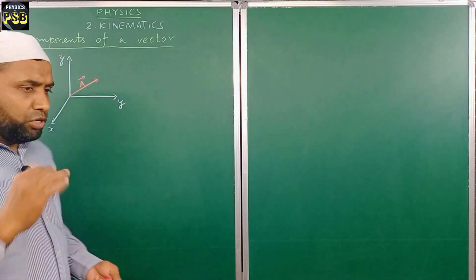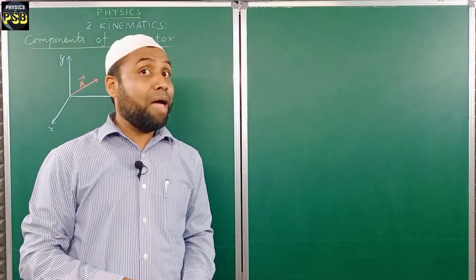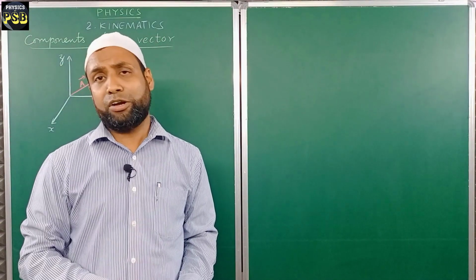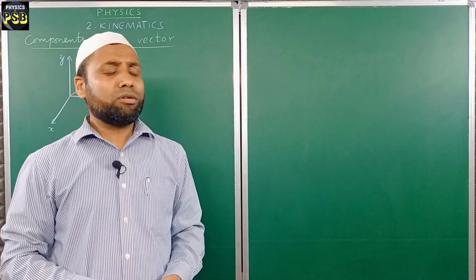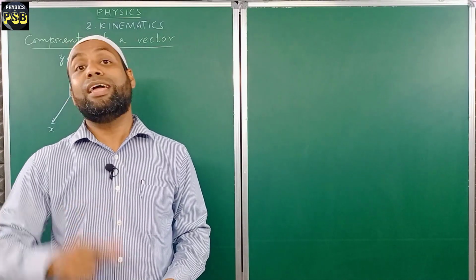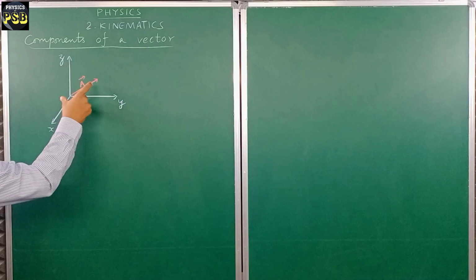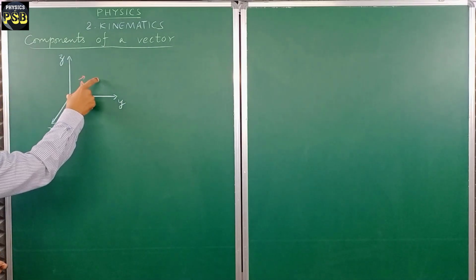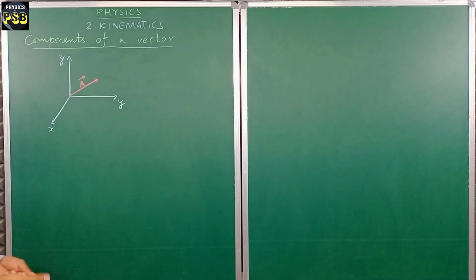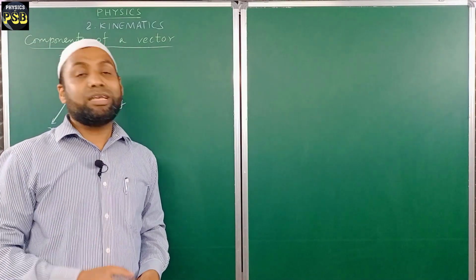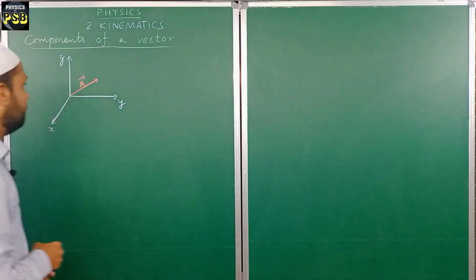Now I told you a vector quantity possesses both magnitude and direction. What is this magnitude? Magnitude is nothing but the length of a vector. The length of this vector is nothing but its magnitude. Sometimes it also represents the size of a vector.